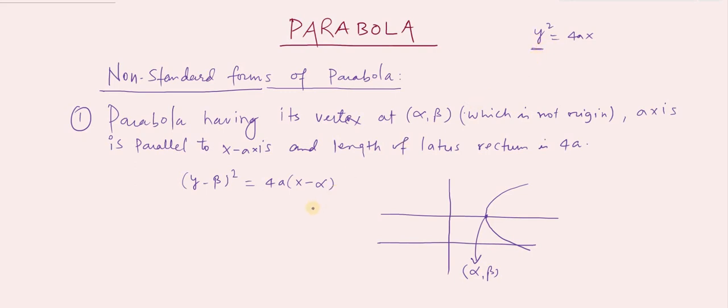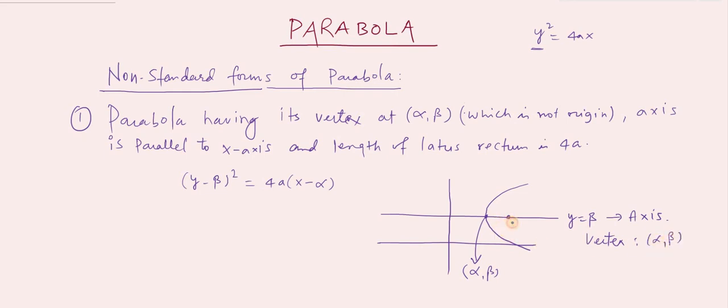So in this case it will become y minus beta is equal to 0. So axis is y is equal to beta. This is axis. And what about vertex? Origin is shifted to alpha comma beta, so in that case origin was our vertex, so in new case the vertex will be alpha comma beta.